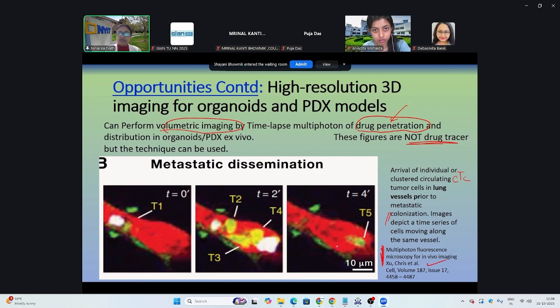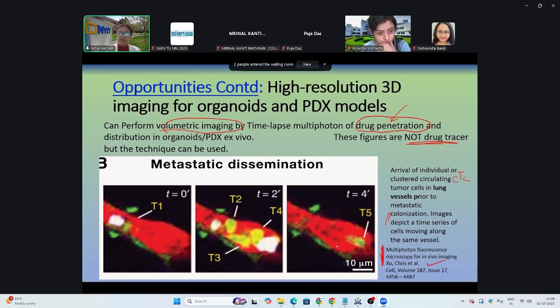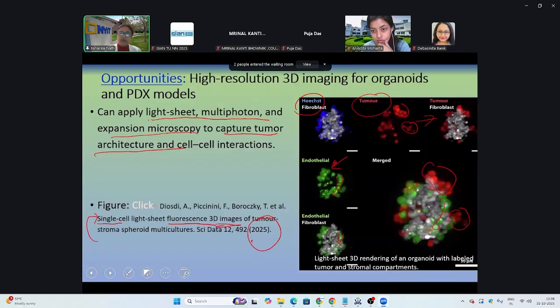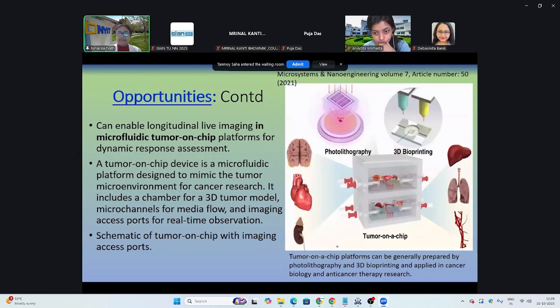So that's another kind of imaging opportunity for following a drug, or, in the previous one, for following a heterogeneous population or the full tumor.